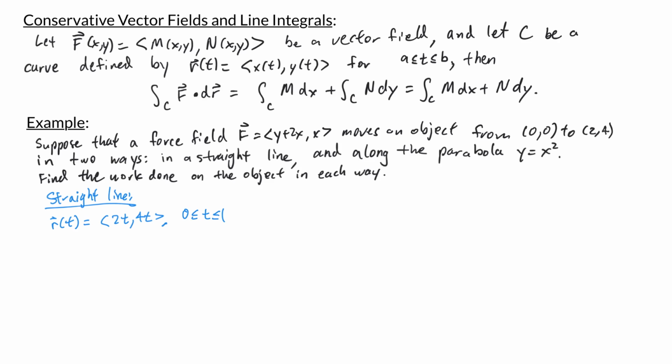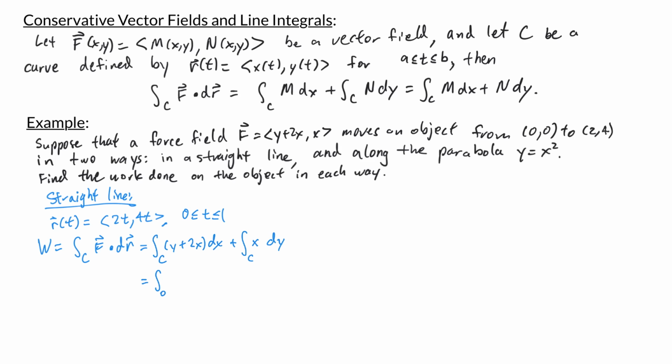The work done would be the line integral of F dot dr, which equals the integral of the x component of the force field, that's y plus 2x, dx, plus the integral of the y component of the force field, x dy. Okay, so let's write down what this is.